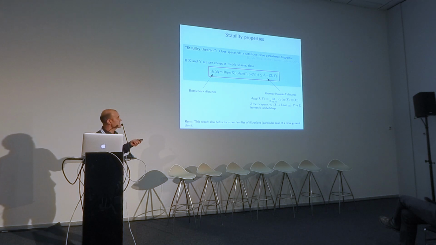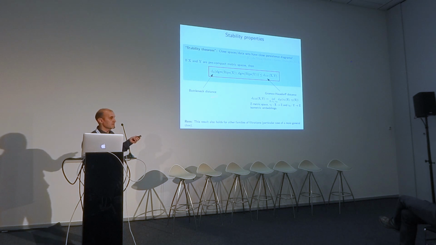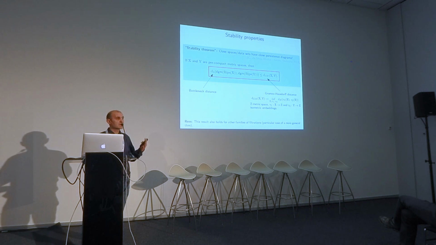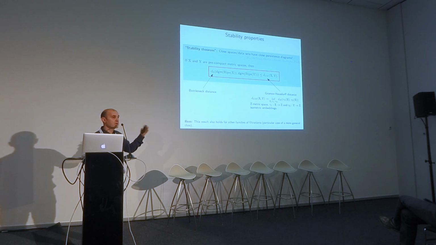Okay? So this is just an example here. I don't want to go into formulas and many definitions, just to give you an idea that persistence is robust to some perturbation in your input data.